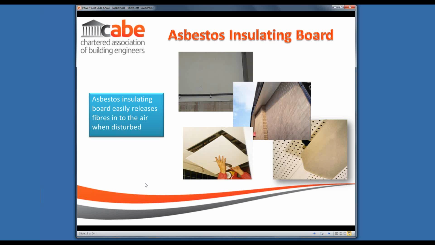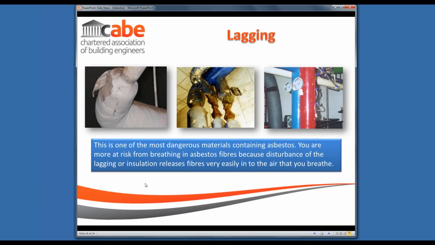Pipe lagging tends to be one of the areas, and particularly the first slide on the screen there shows the wrapping material coming adrift. These tend to be the things that were put in because of their heat resisting properties, tend to be subject to bumps and scrapes, tend to be subject to damage where materials can be knocked loose.